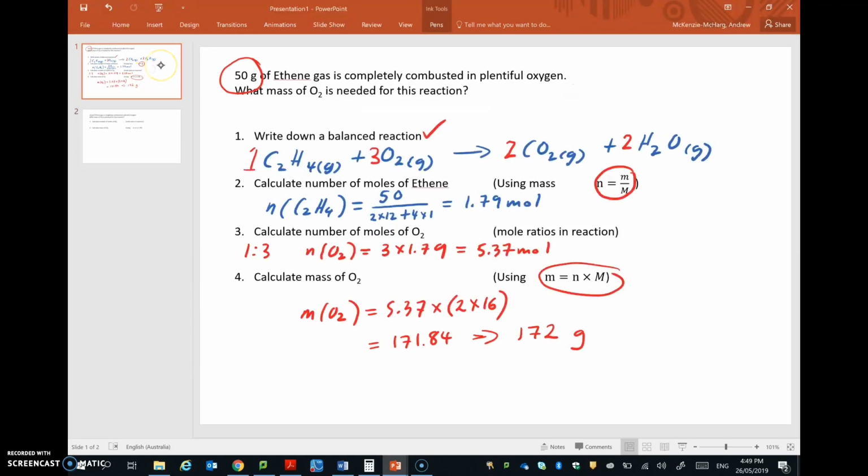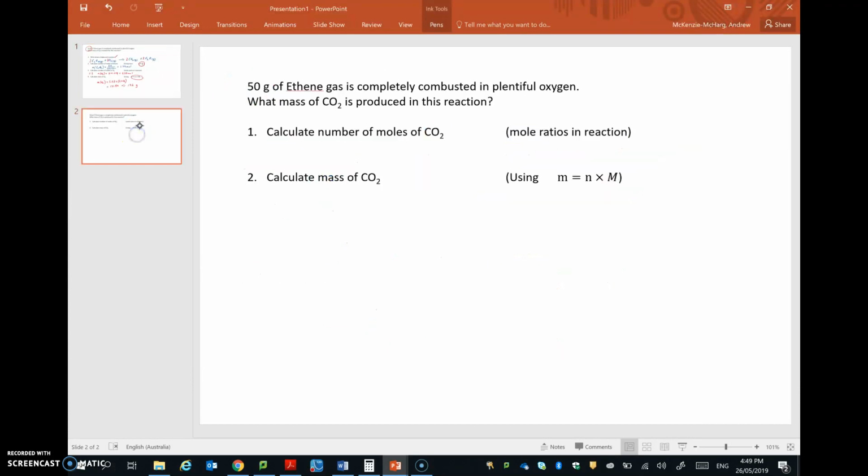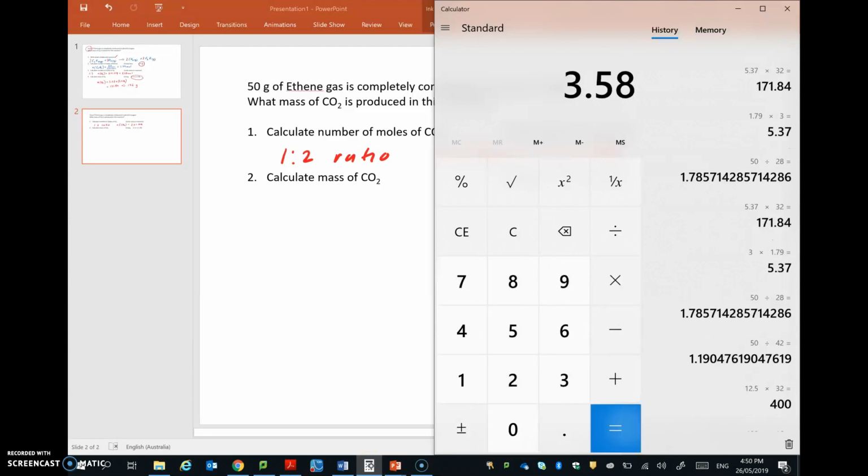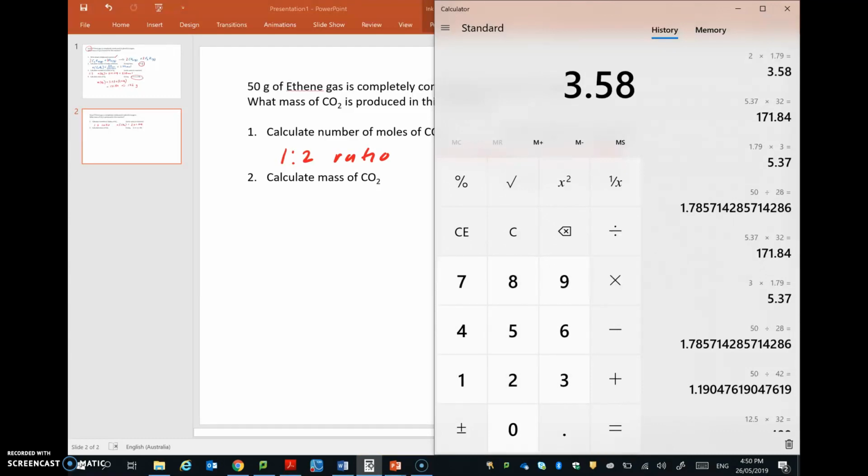If we look back, the mole to mole ratio is 1 to 2 between ethene and CO2. 1 to 2 ratio. Okay, so that means the number of moles of carbon dioxide is equal to 2 by 1.79, 3.58 moles.